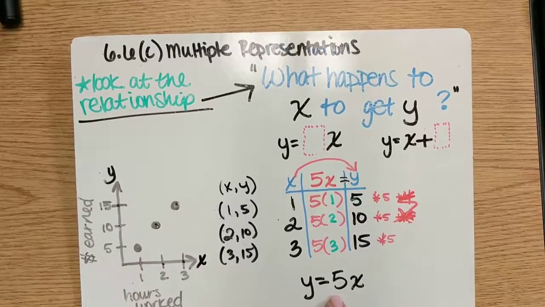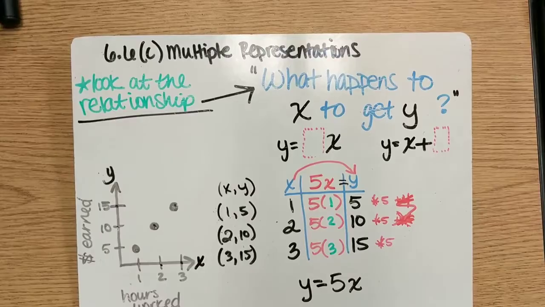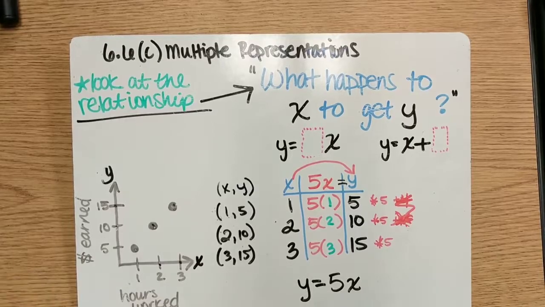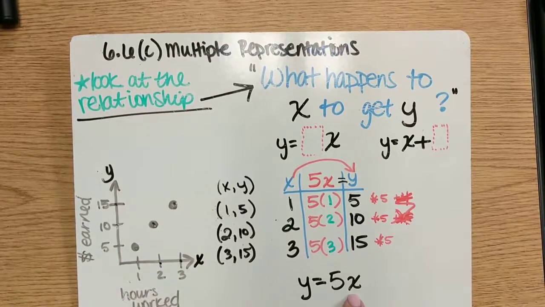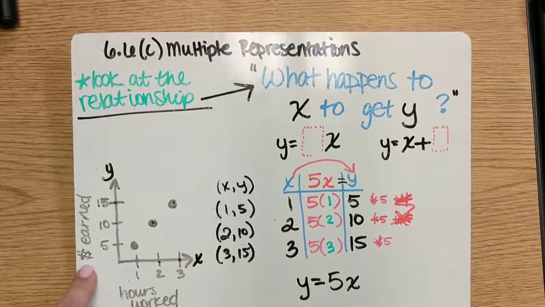You multiply it by 5, and you get how much money you earned. Okay, so the big thing for these type of word problems is you've got to figure out what your x is and what your y variable is. For this one, x was how many hours, and y was how much money we earned.